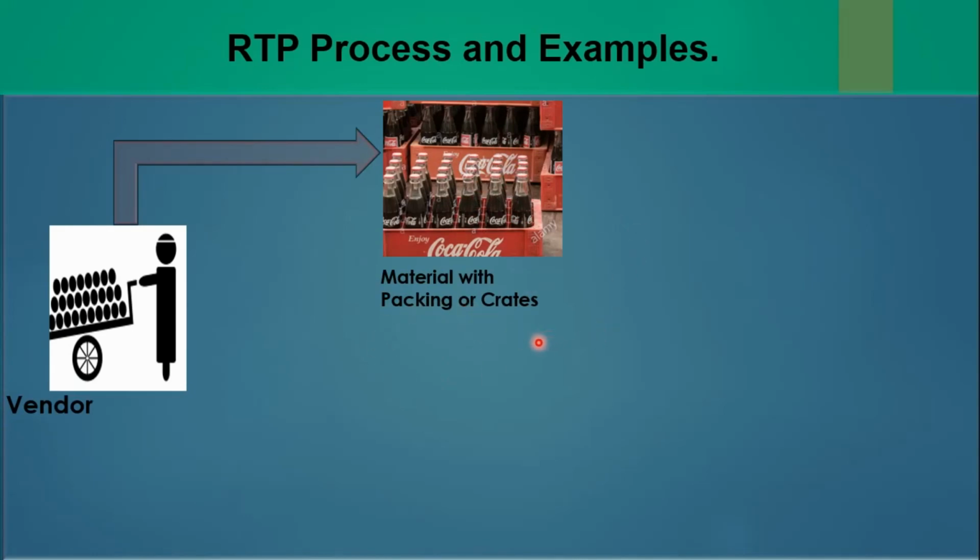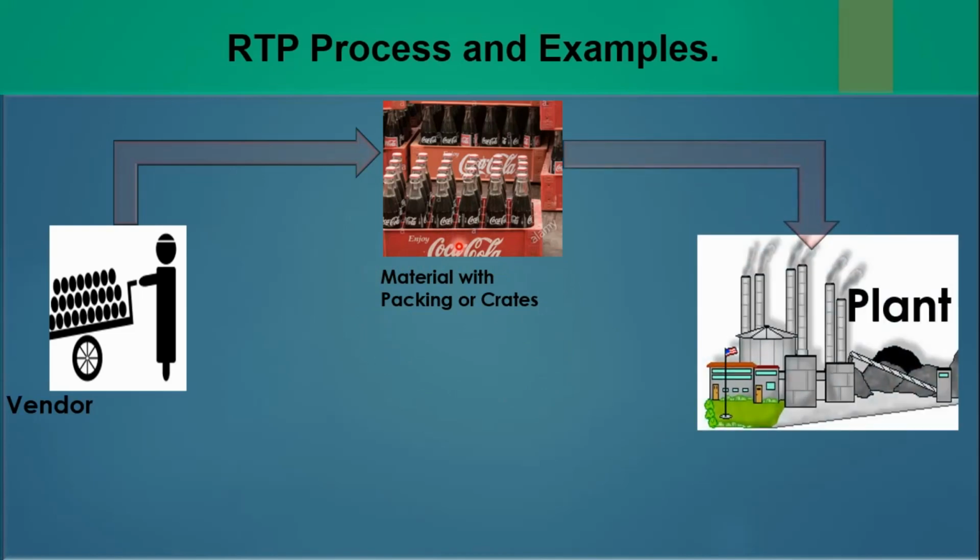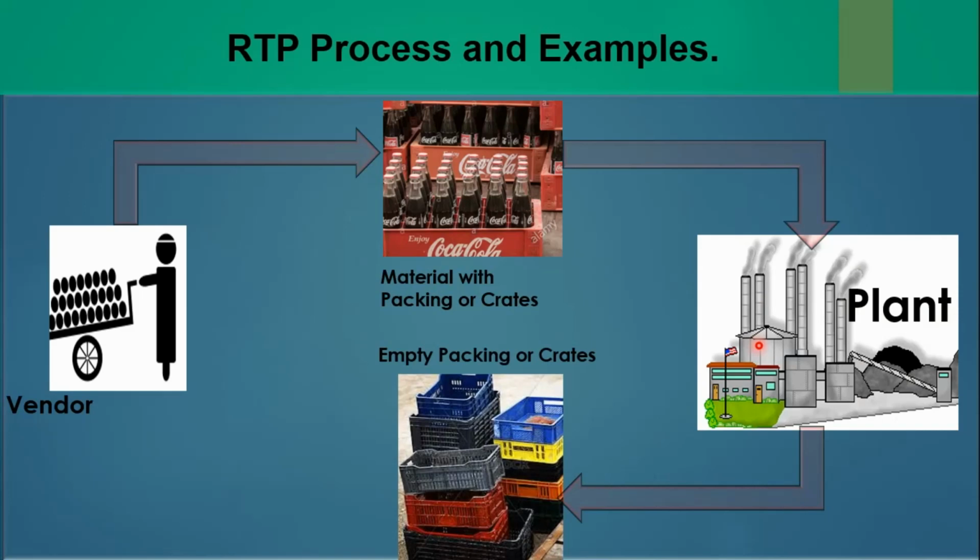So in order to protect those bottles, the vendor sends them with some packaging or crates. Once any food industry or hotel industry receives those bottles, the company returns the crates to the vendor. It's a very simple process, nothing hard in it. We see it in our day-to-day life as well.